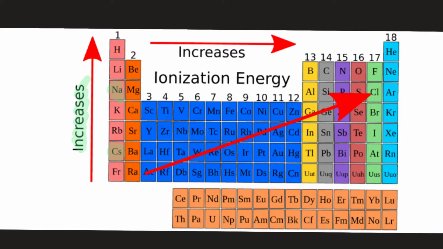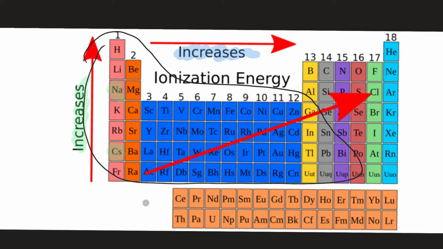Most importantly, as you move across the periodic table, the ionization energy also increases. So your metals typically have low ionization energies, and your nonmetals, which are over here, will typically have high ionization energy.